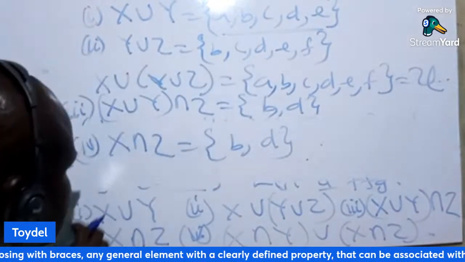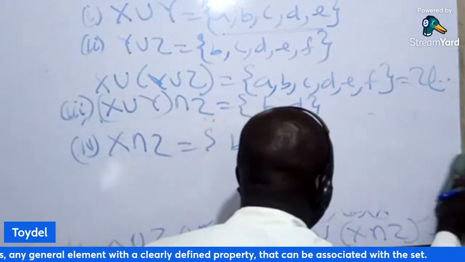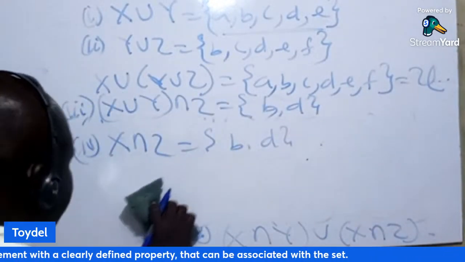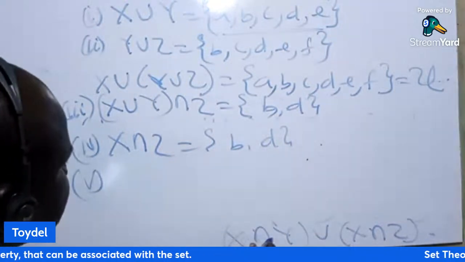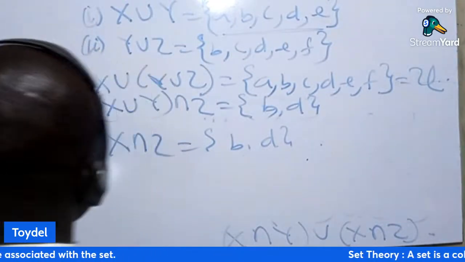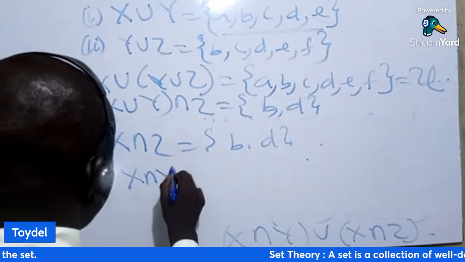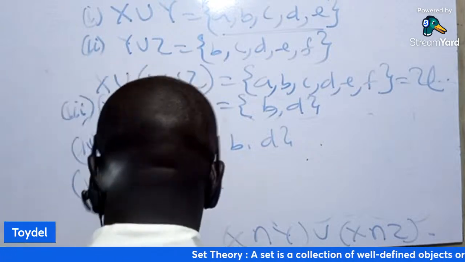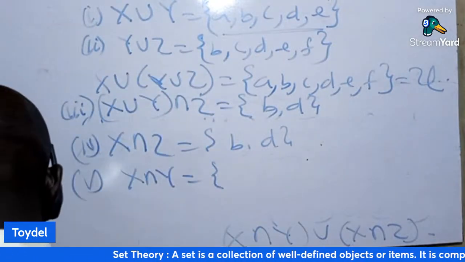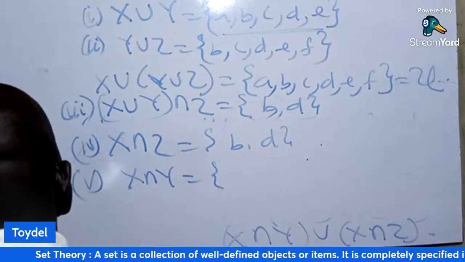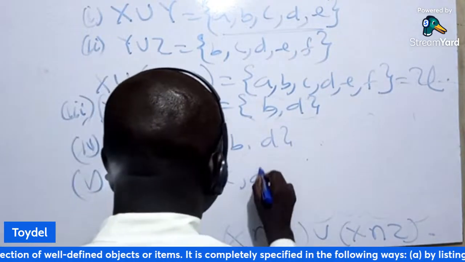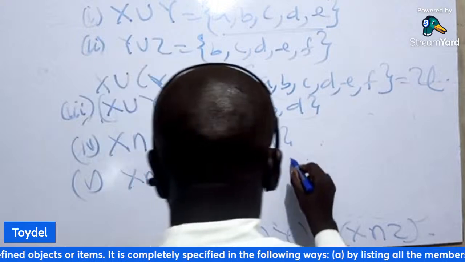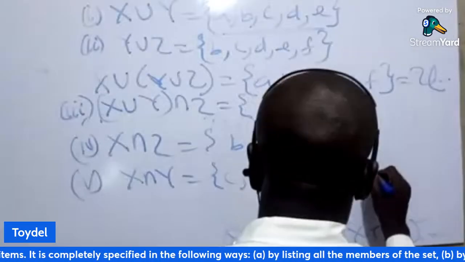Okay. Then the last question is where we have X intersection Y, union X intersection Z. Let's first find X intersection Y. X and Y, what do they have in common? That is CD. Then what is X intersection Z?